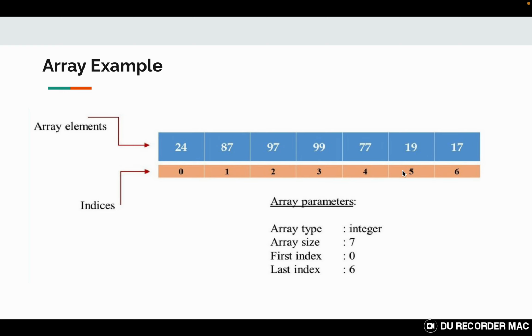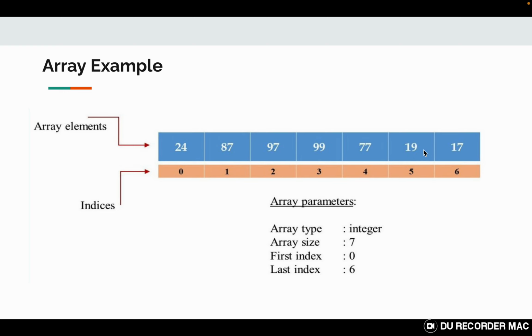But you can always access that element because it has already been declared. So if you declare an array of size 7 and you are not putting any value in a position, then what generally happens is that it will come out as an empty element.